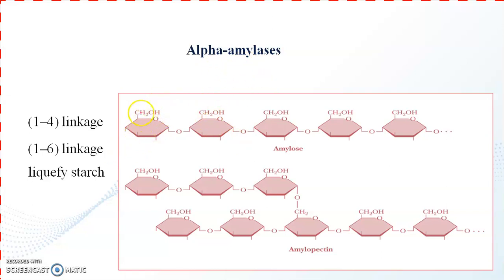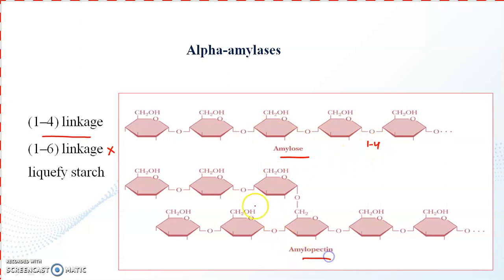This alpha amylase is capable of breaking down the 1,4 linkage, but it is not capable of breaking down the 1,6 linkage. As you can see in this picture, this is the amylose chain, which is straight, and these glucose molecules are linked with each other through glycosidic bonds, which are 1,4 linkages.